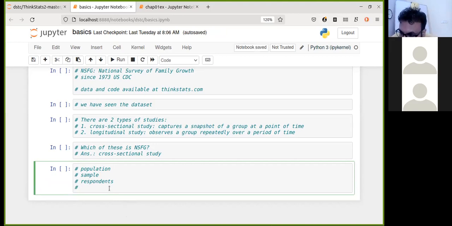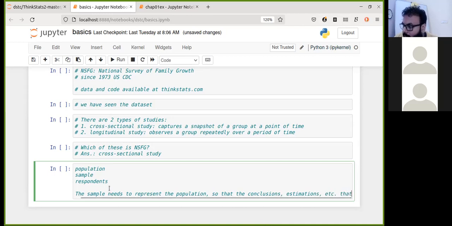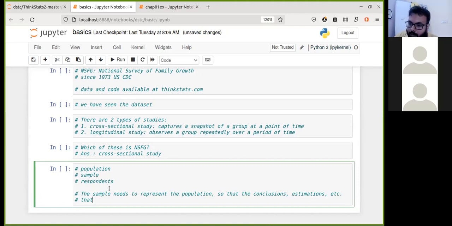The sample needs to represent the population, so that the conclusions or estimations that we derive for the sample are applicable to the whole population.